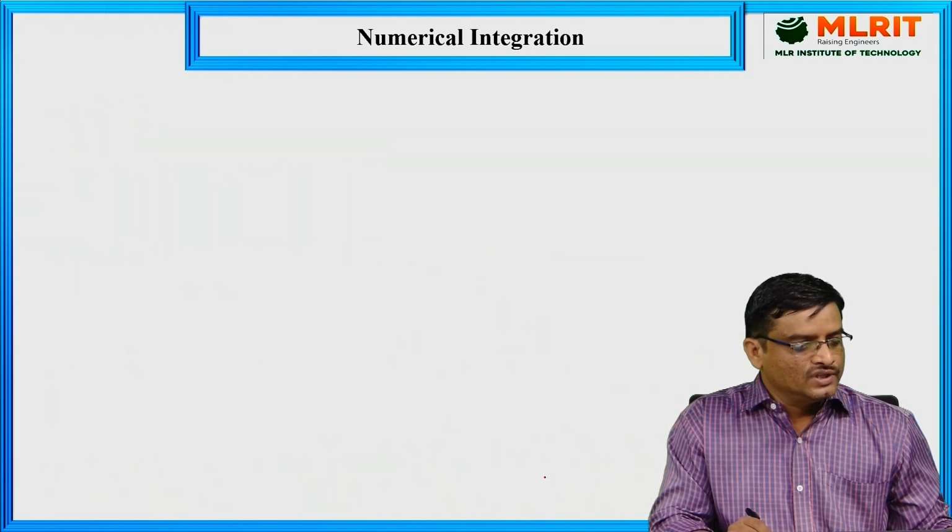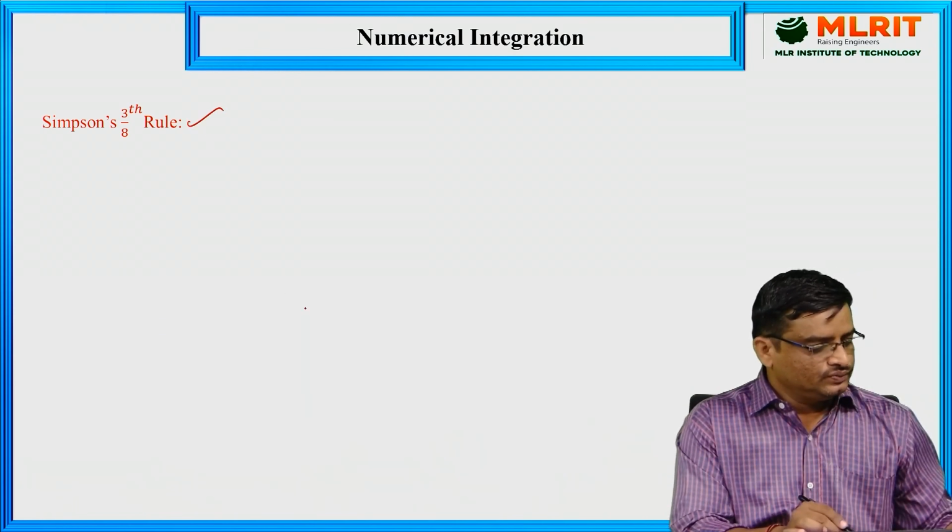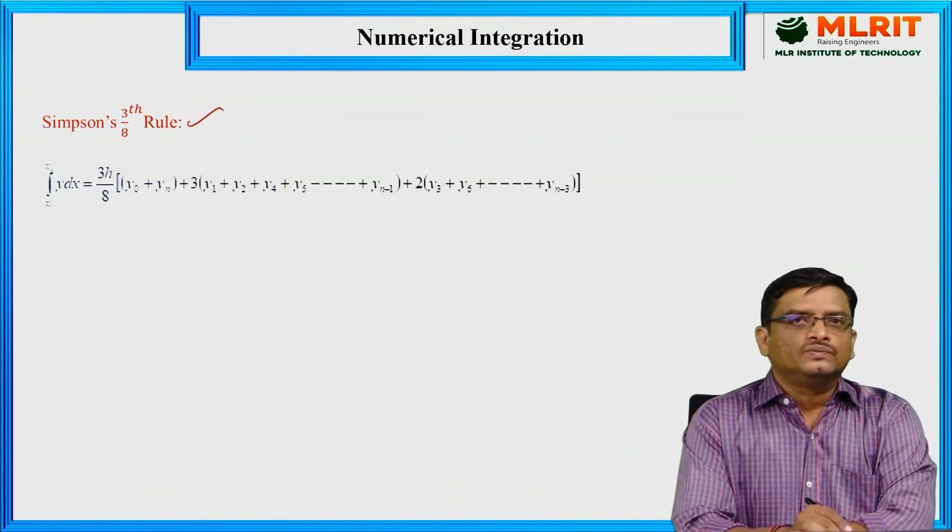Now the next one, Simpson's 3/8 rule. This is the standard formula we will use.